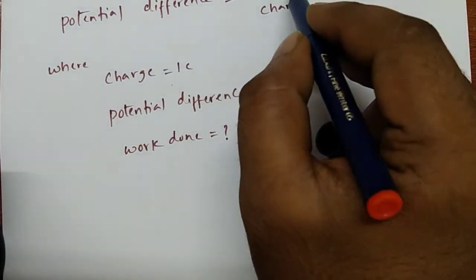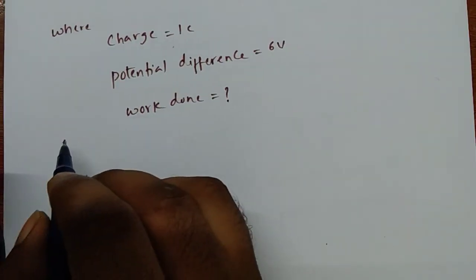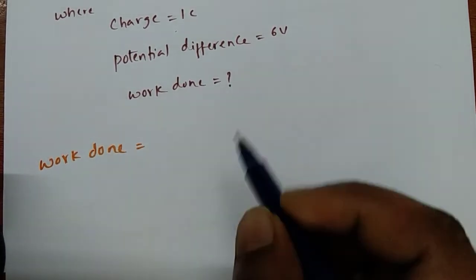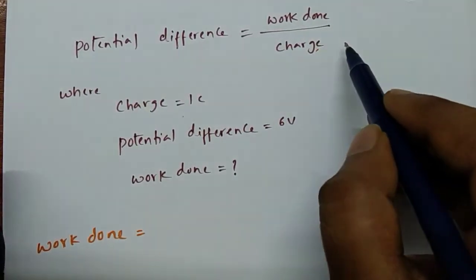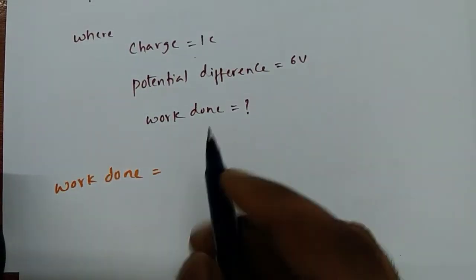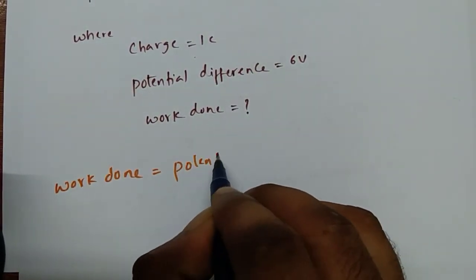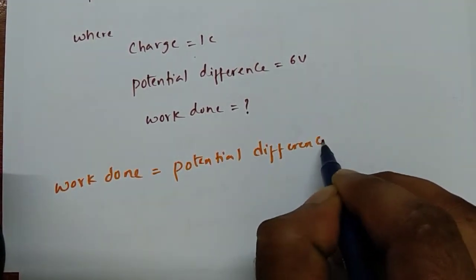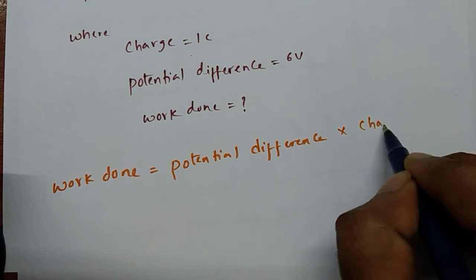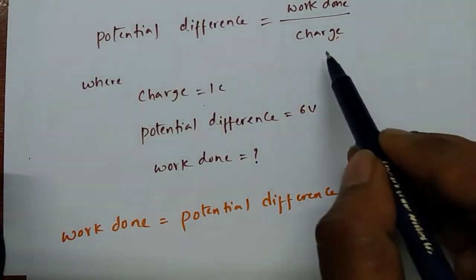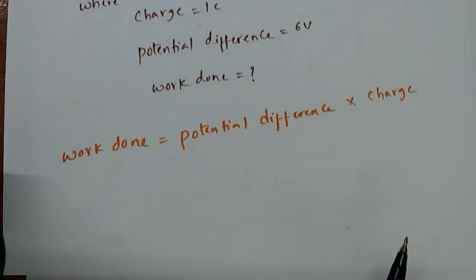So here I want work done alone. Work done is equal to, here charge is doing division. If it comes to this side, multiplication will come. Work done is equal to potential difference into charge. If it is division here, when it comes to this side it becomes multiplication.